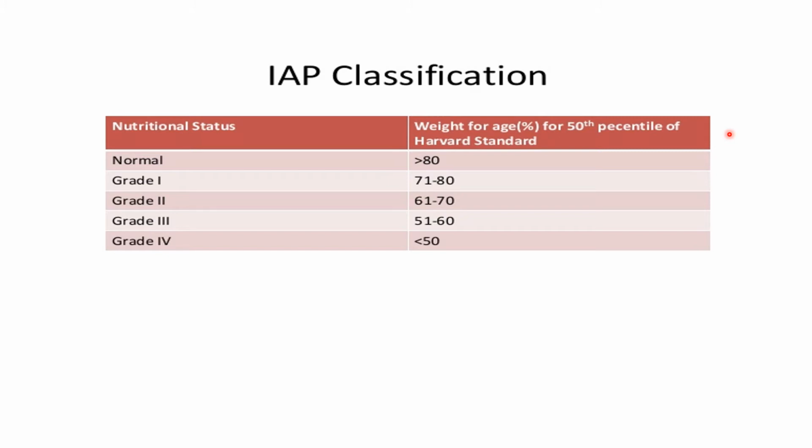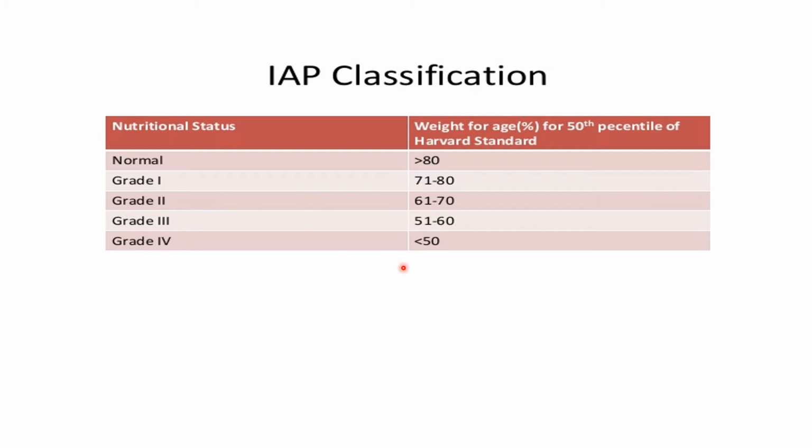Okay, and see here, if this percentage is more than 80, the child is considered normal, or the nutritional status of the child is normal. If that percentage is 71 to 80, the child is grade 1 malnourished. If it is 61 to 70, grade 2 malnourishment.